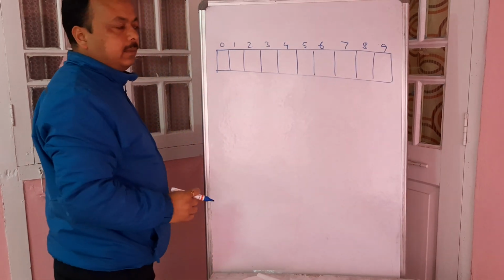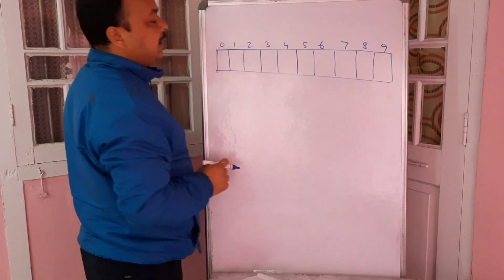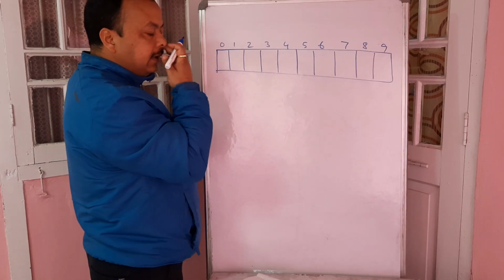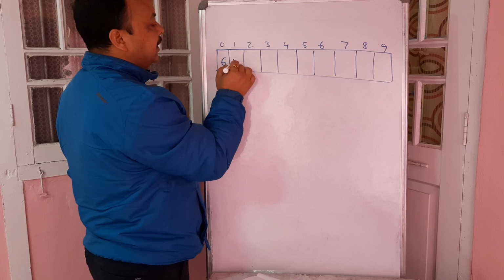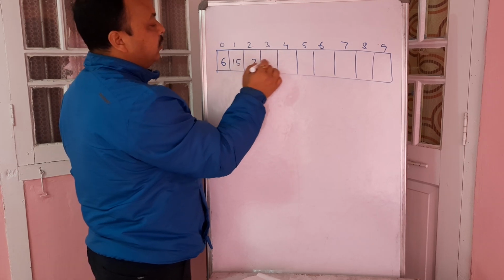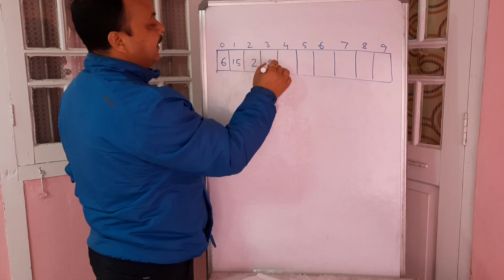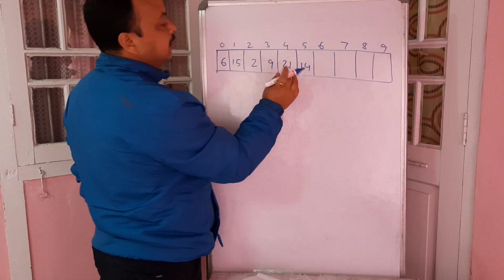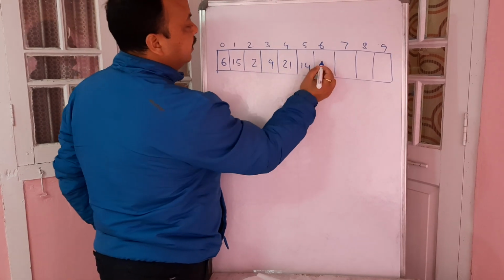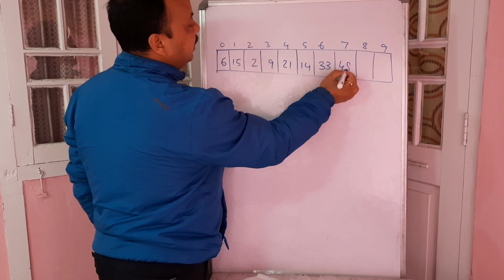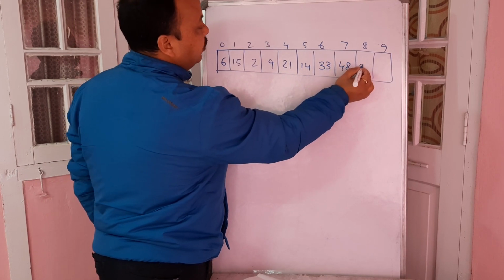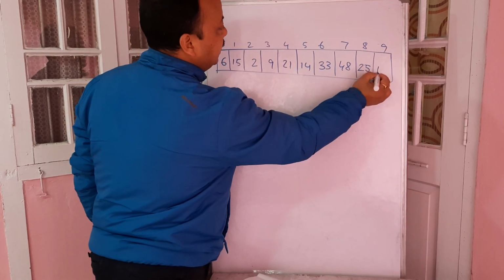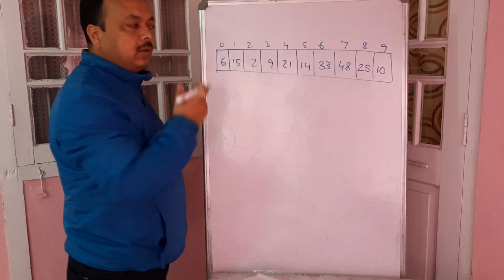In these 10 elements, let us store values. They may be in any random order. So it can be 6, 15, 2, then 9, 21, 14, 33, 48, 25, and say 10. So they are not in any order.